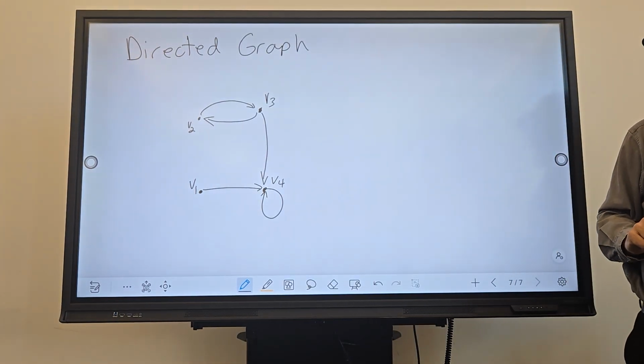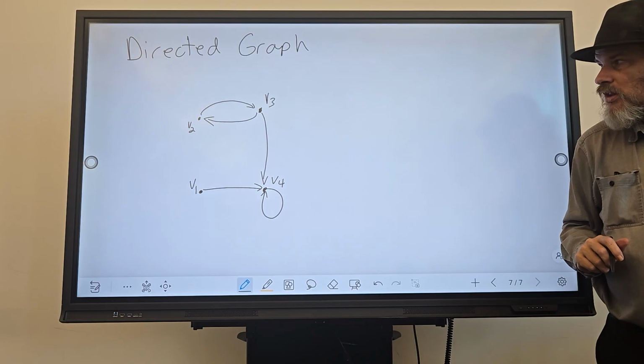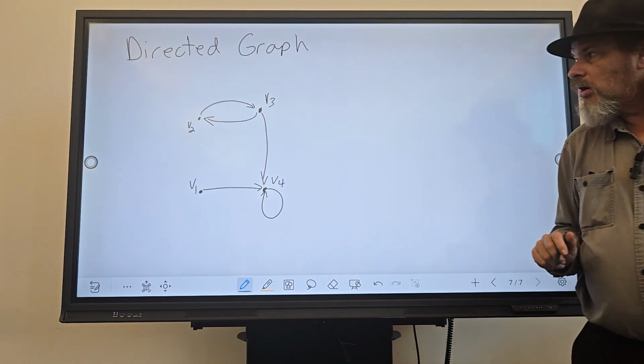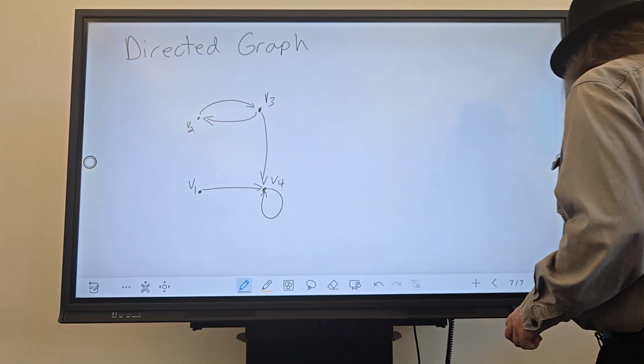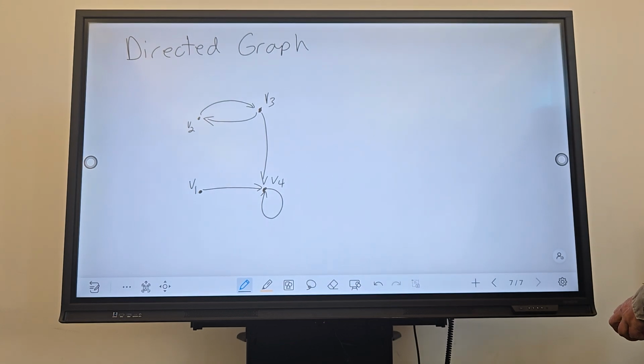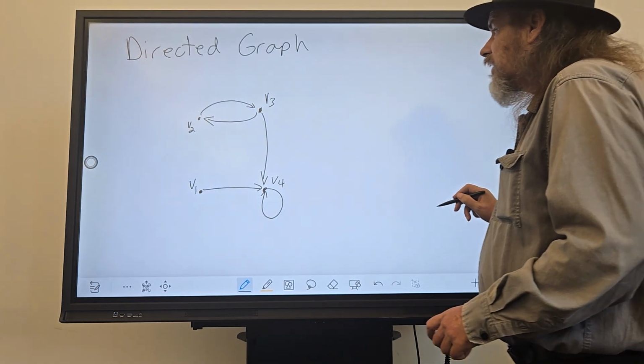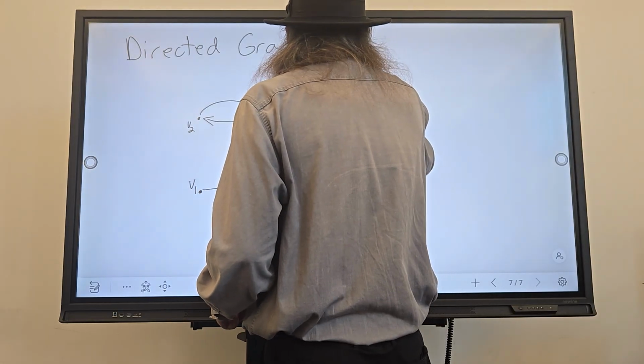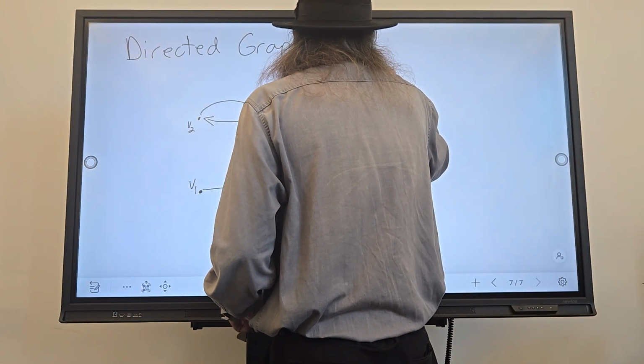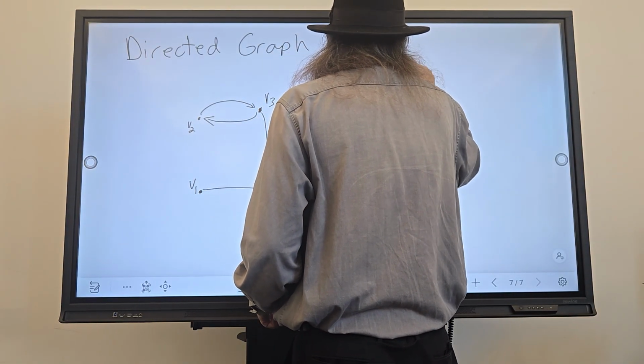A directed graph has arrows. So you have the edge-endpoint function.